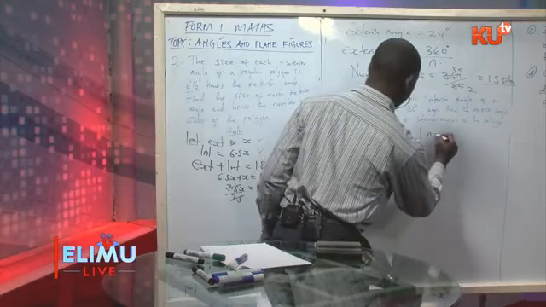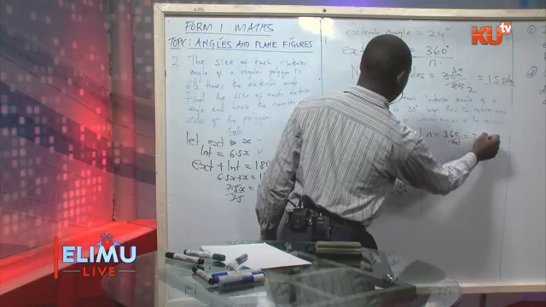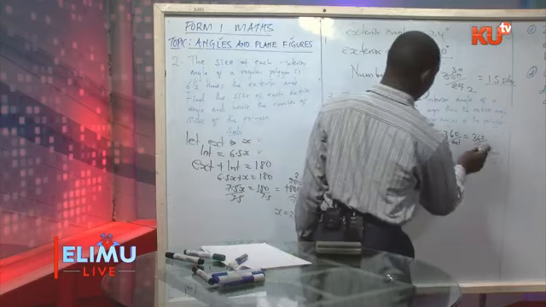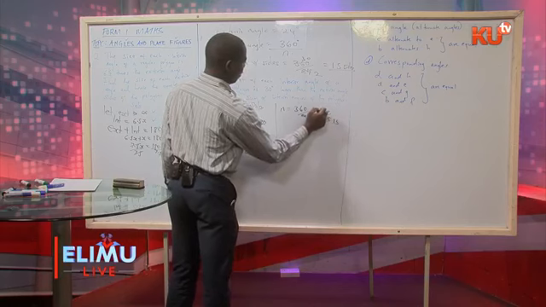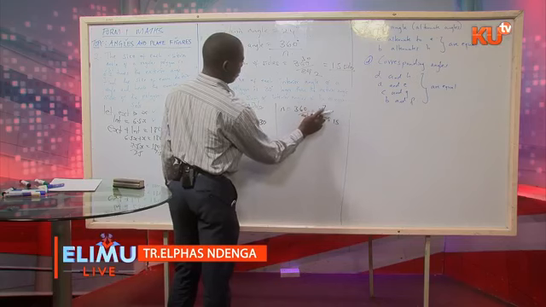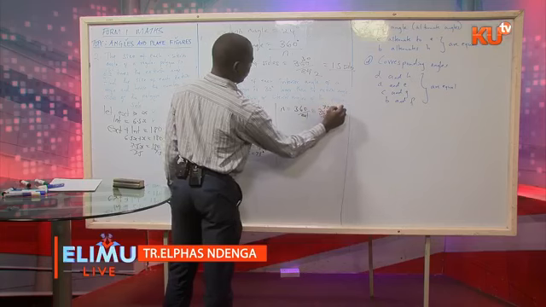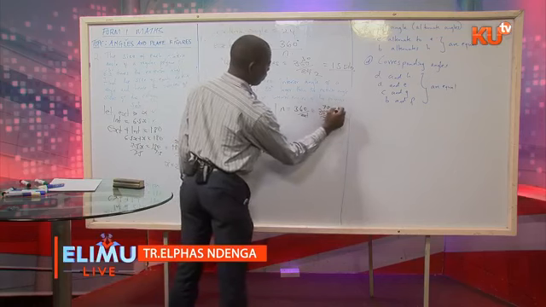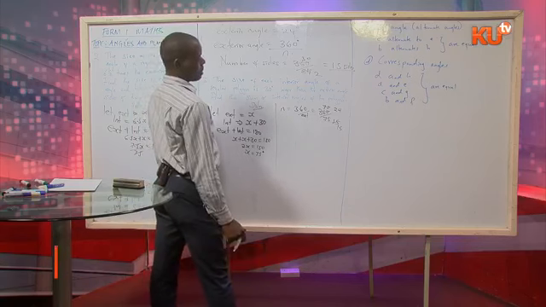We say n is 360 over the exterior. 360 divided by 75. Let's divide by 5. This is 72 over 15.